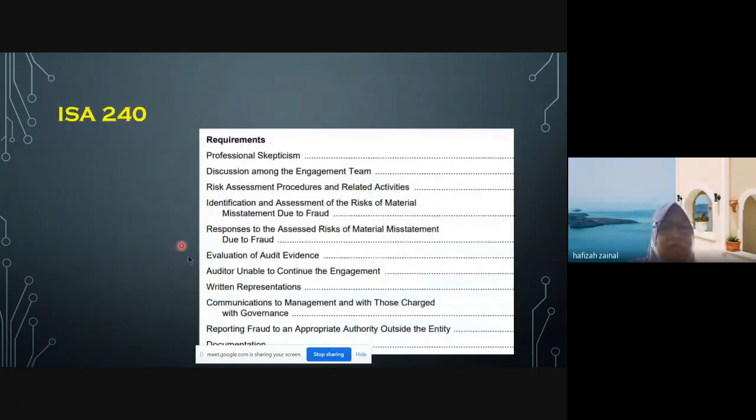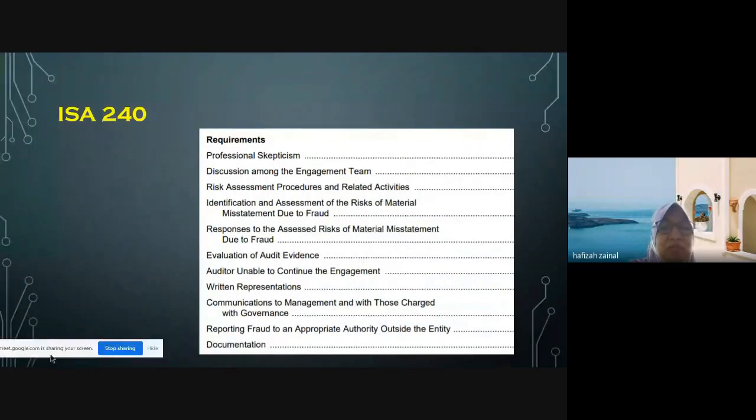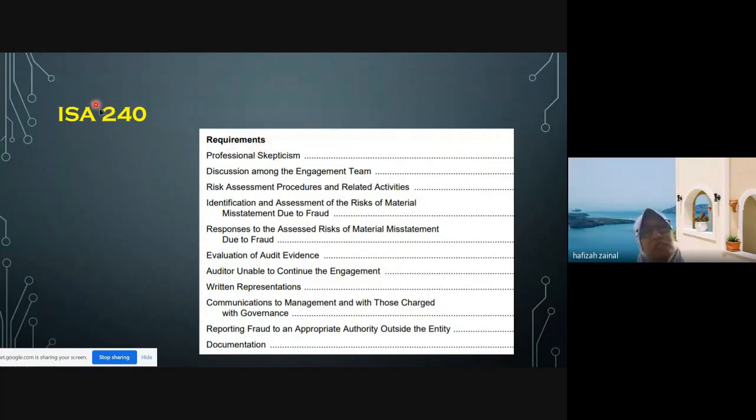So this is ISA 240. Basically, it's talking about professional skepticism. If you want to have a look, you can just Google ISA 240, get the standard, and quickly go through it. What does professional skepticism mean? What do risk assessment procedures mean? Because you will do this later in the planning.